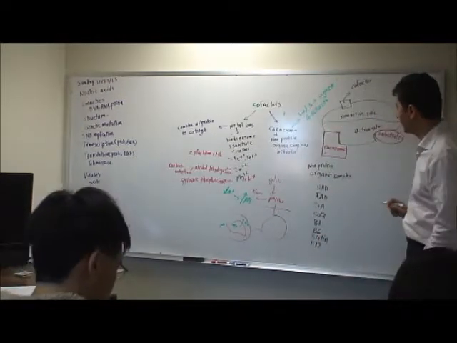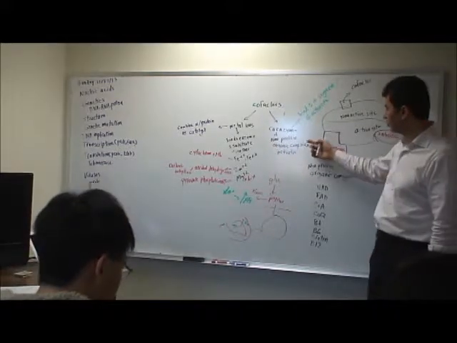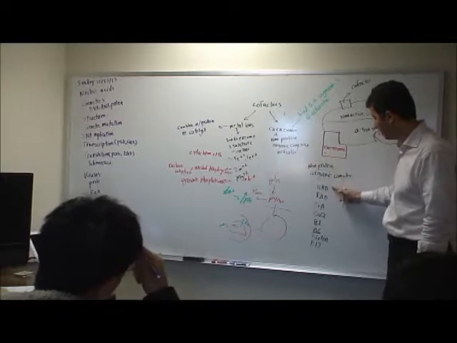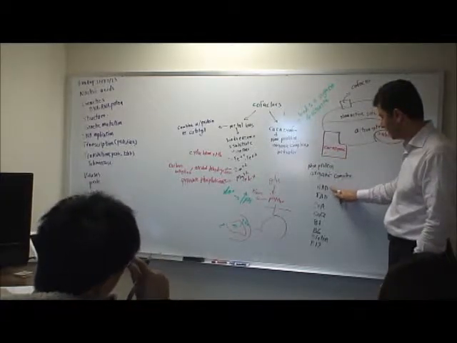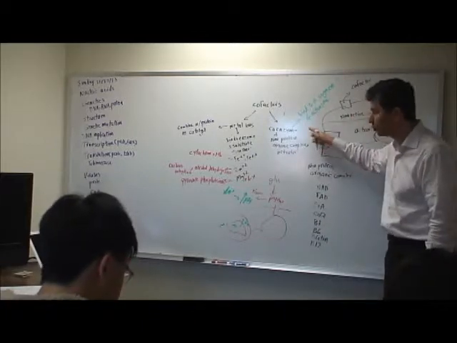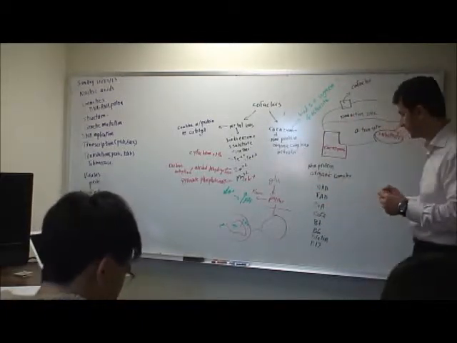What are the examples? If they are non-protein organic molecules, they have to have carbon in them, so NAD or NAD plus, FAD, coenzyme A, and vitamins are also coenzymes. That's why we eat vitamins.